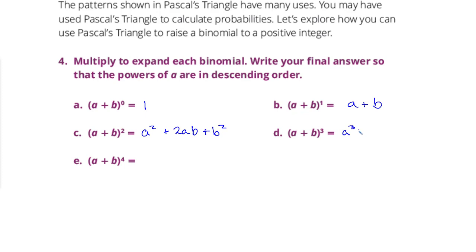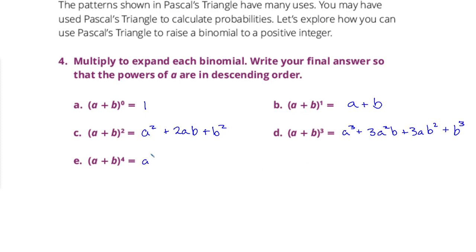A cubed plus 3a squared b plus 3ab squared plus b cubed, excuse me.